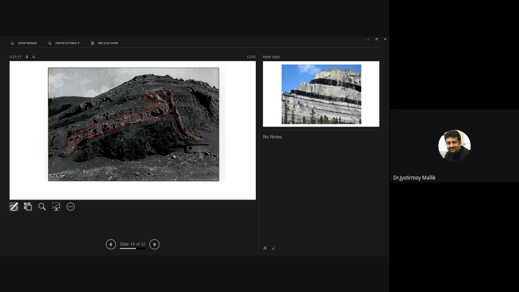Quite a lot of things going on in this coal seam. Very, very deformed coal seam. What is the significance of a deformed coal seam? We will discuss that later in coal bed methane.